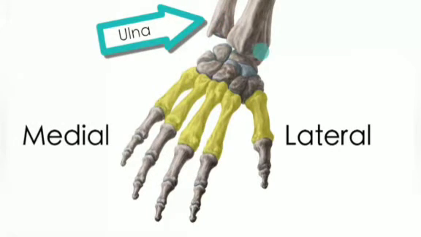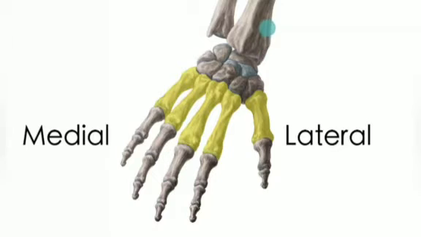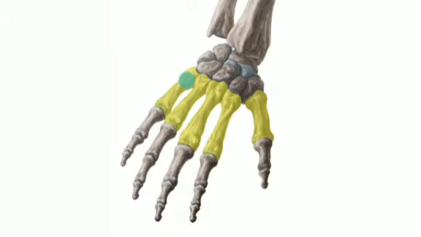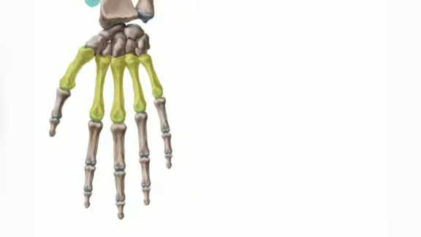So in this perspective, the positions of lateral and medial change: here you'll have the lateral, and here the medial side, with the thumb going all the way to the little finger. Now that we have this cleared out, because it's usually a bit confusing to me, so I wanted to clear it out for you as well, we can talk about these bones in more detail.